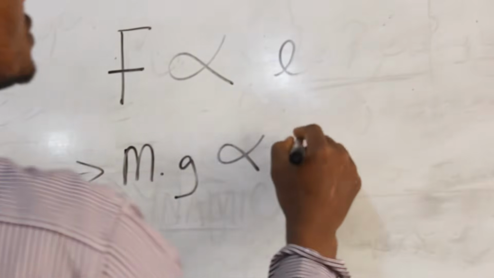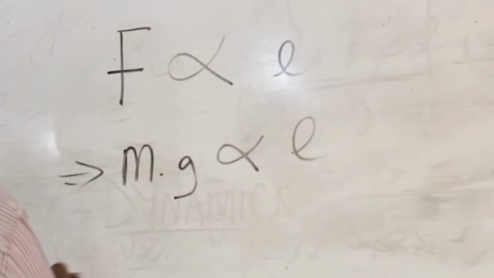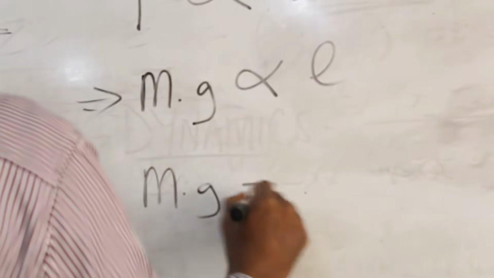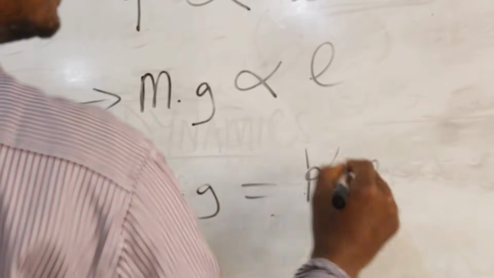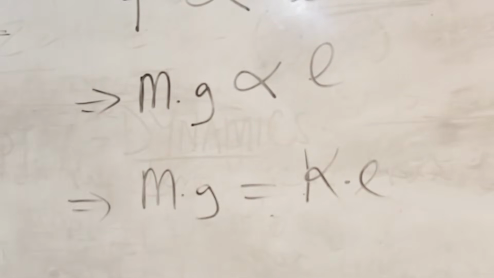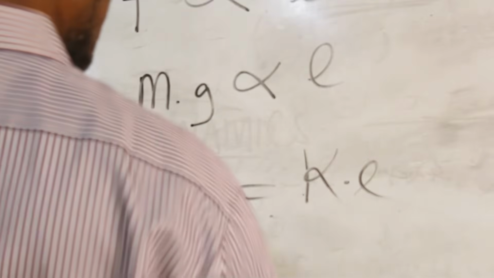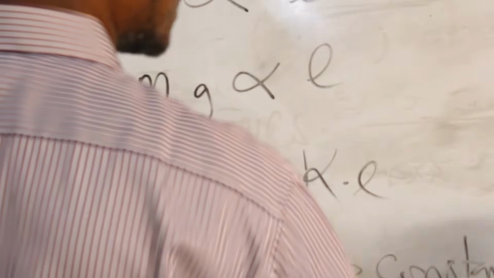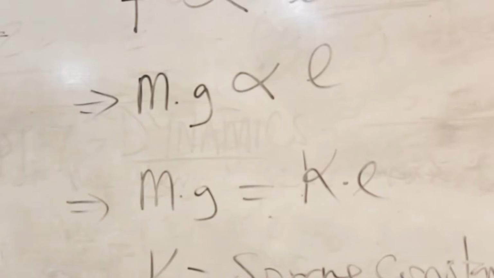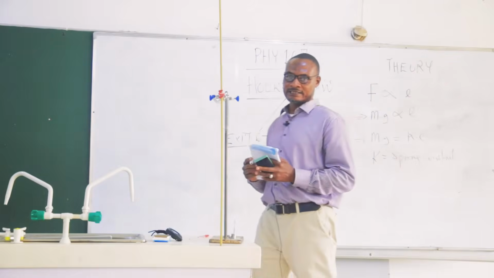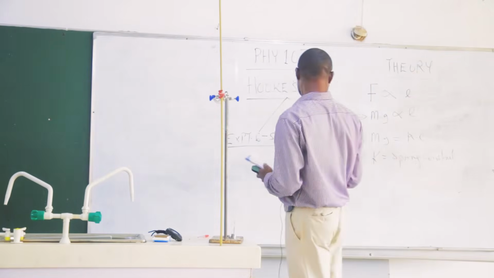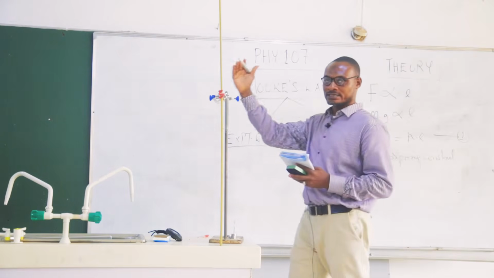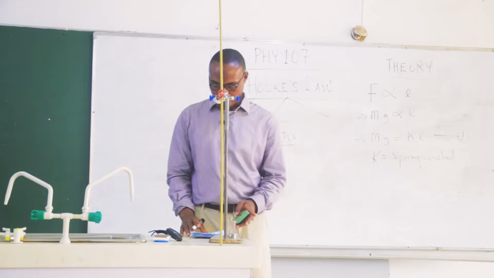That is, mass times gravity is proportional to extension, which implies that if we remove the proportionality sign, we are going to have mass times gravity equals Ke, where K is the spring constant, or sometimes we call it the force constant. So that is going to be the theory behind the two experiments 6 and 7.